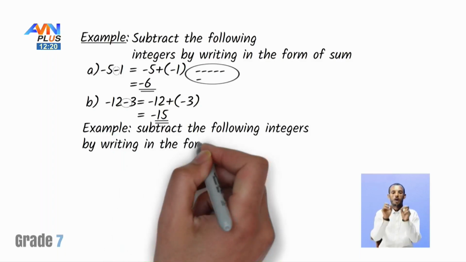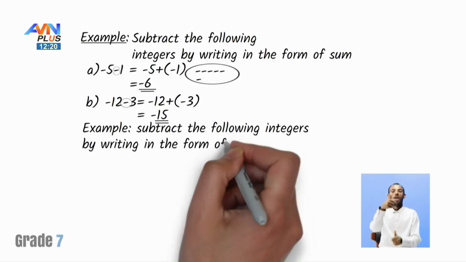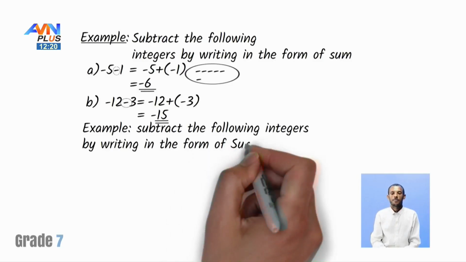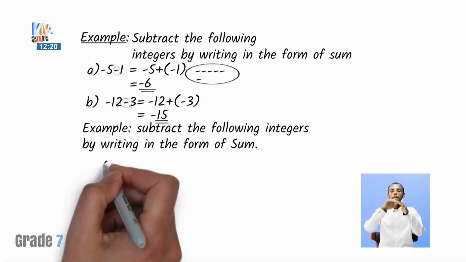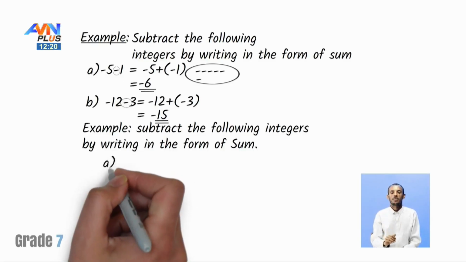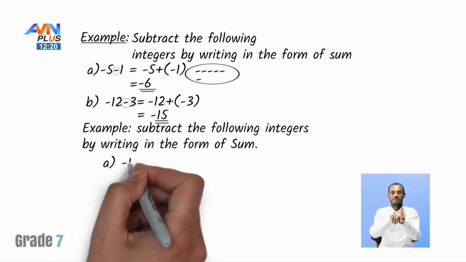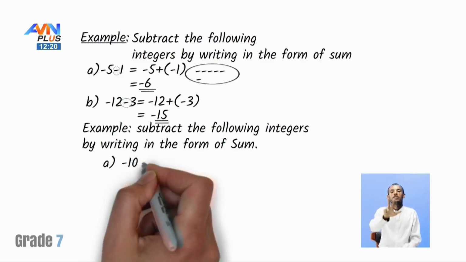Okay, the first one, E, negative 10 minus negative 3.